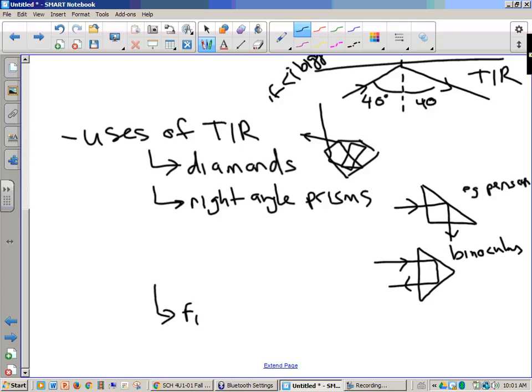Fiber optics. And fiber optic cables are used for all kinds of things. Used for computer data transfer. Used in the endoscopes for looking inside the body. All kinds of different things. Okay, let me see if there's anything I missed.